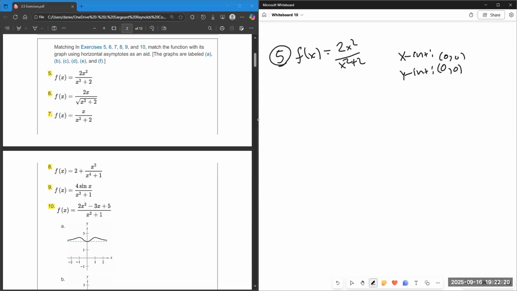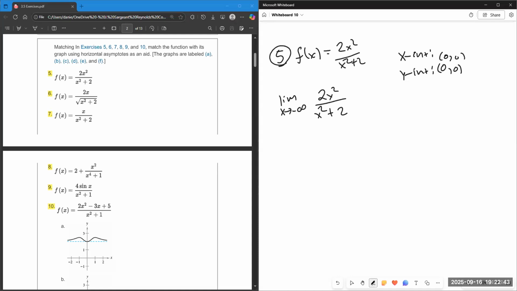Let's not just use our pre-calculus techniques, because we're in calculus now. So limit as x approaches negative infinity of 2x squared over x squared plus 2. I want to divide everything by the highest degree that I see in the bottom.